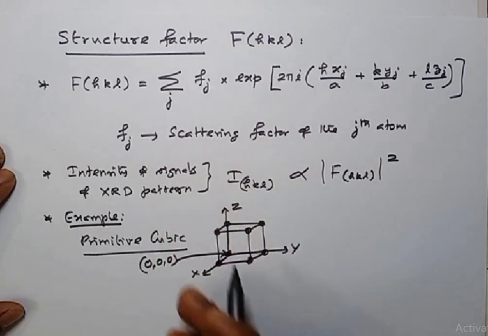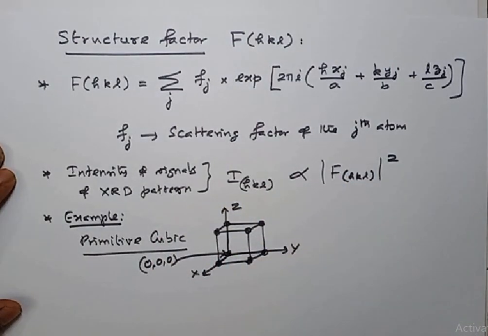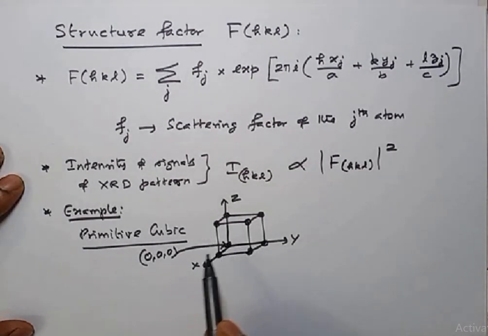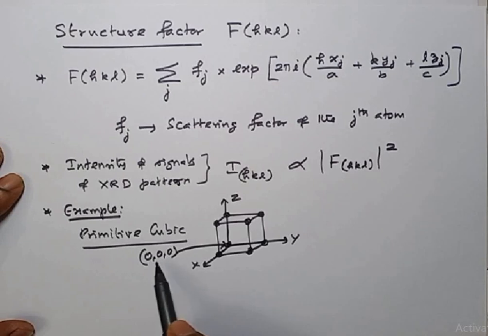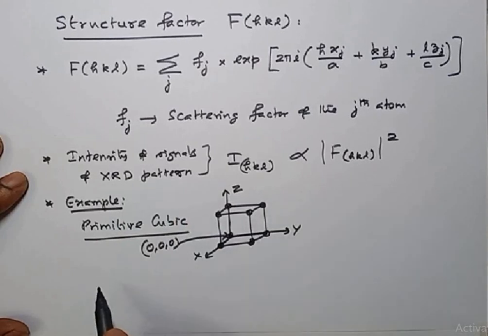Remember, because you can take any one corner as origin. There are no conditions here. All the corners are equally valid, so you can keep the origin at any corner. Now listen carefully. Since all these points take the same coordinate 0, 0, 0, what is the structure factor? Let me write here, F of HKL.